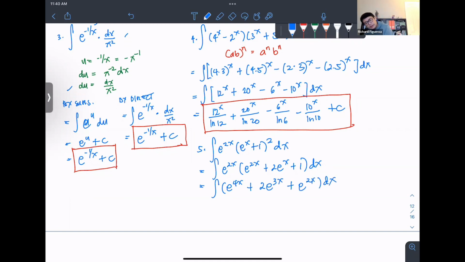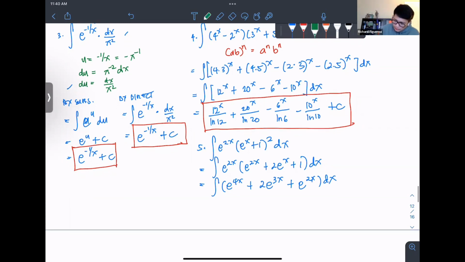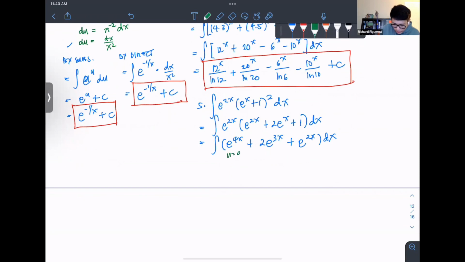So in this case, we have a u here which is 4x, so du would be 4dx. So u here is 3x, so du would be 3dx. So u here is 2x, so du would be 2dx.